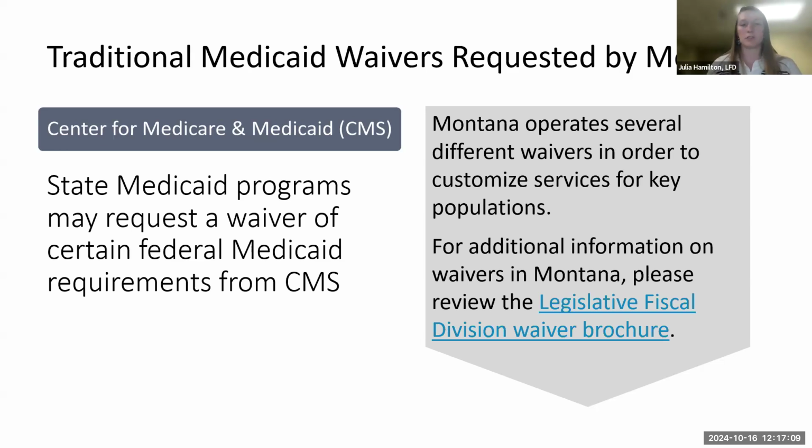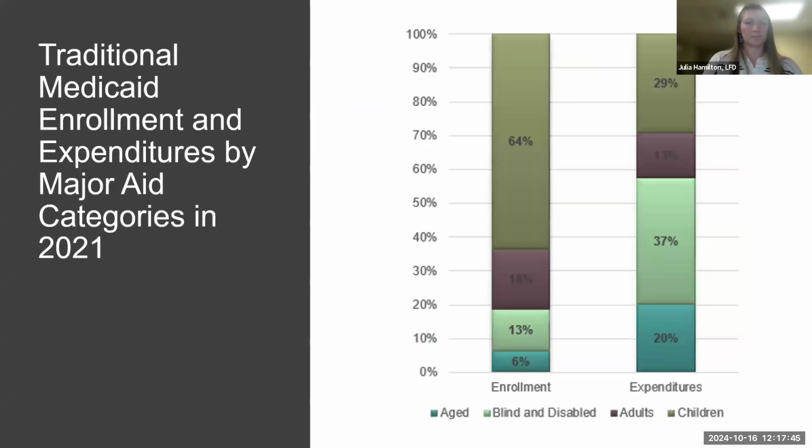Things like freedom of choice, so the choice of providers participating in the program. You have to be able to go to any of them. And then statewide-ness, you can't exclude because of where they are in the state or the type of population that they are. And so these waivers allow states to add on services or demonstrate that maybe a program would be of cost savings to the state by waiving one of these requirements. So a lot of material on that, again, on the library, I direct you there, but it's just one more way that states can vary their program.